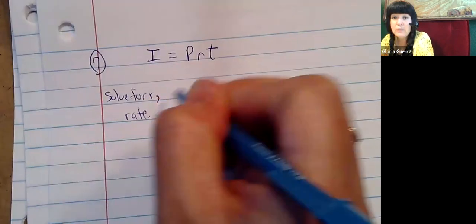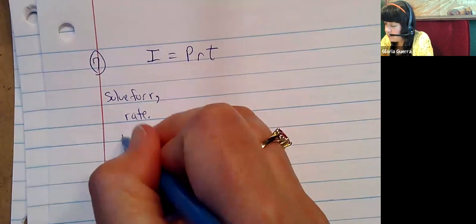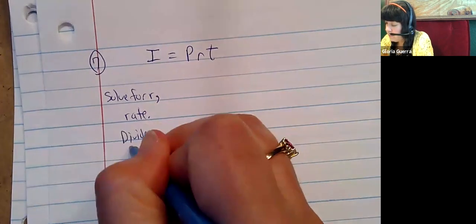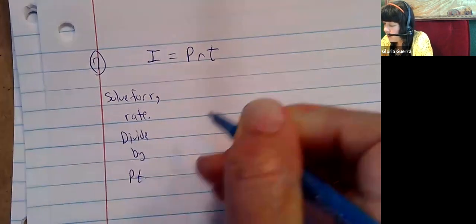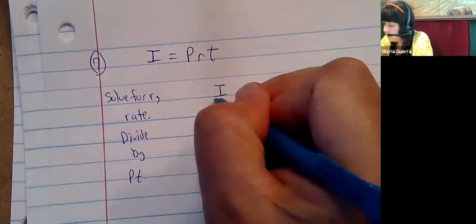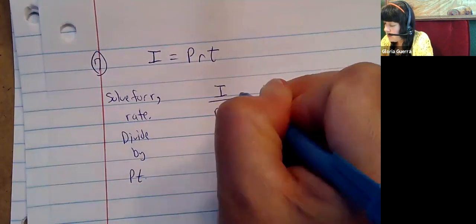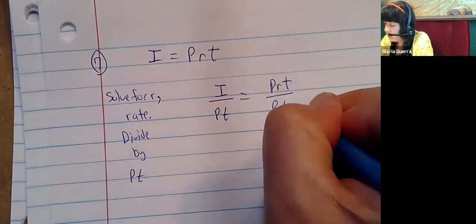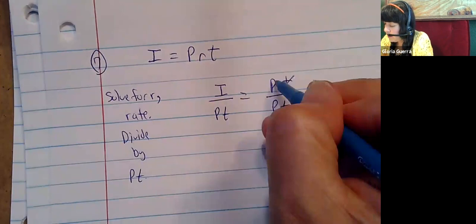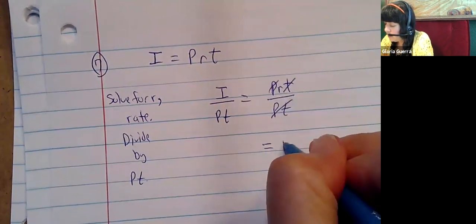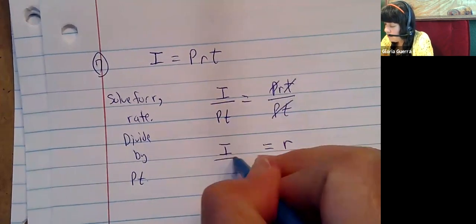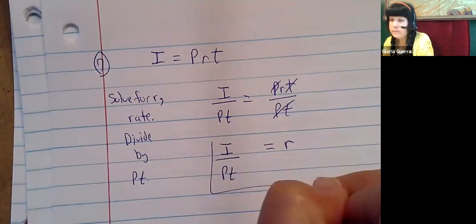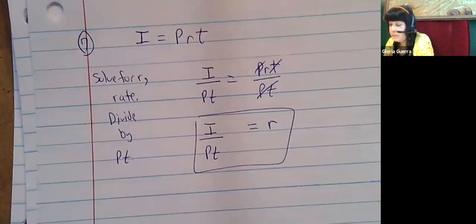So to solve this for R, you're going to divide both sides by PT. So I gets divided by PT, and on this side, the PRT gets divided by PT. So then you see here, your PTs will fall out, so you just have R. This is I over PT. See that?